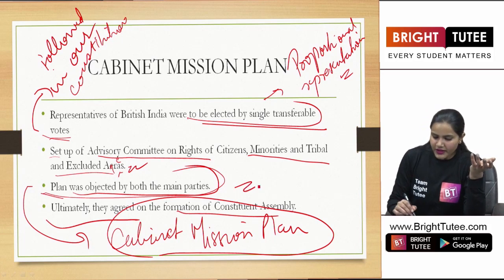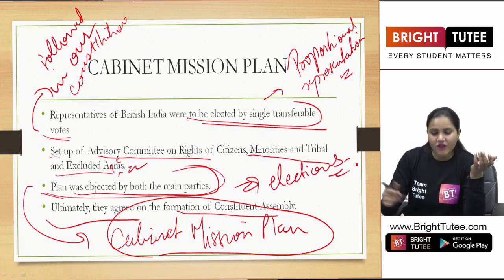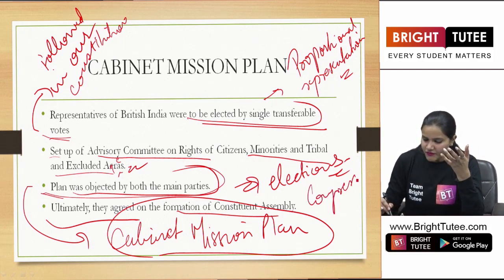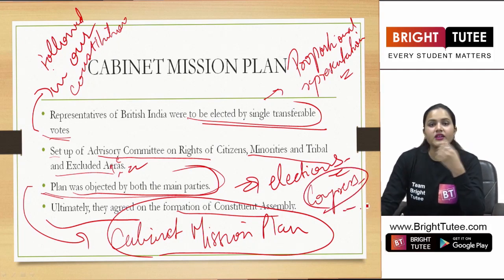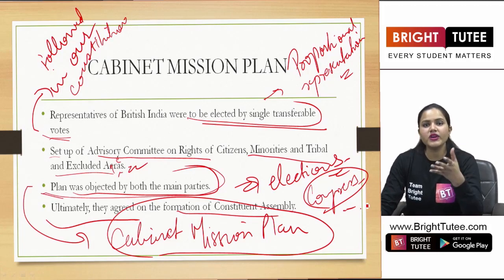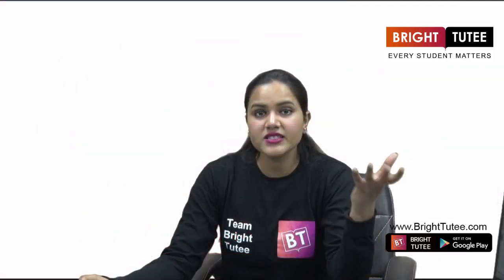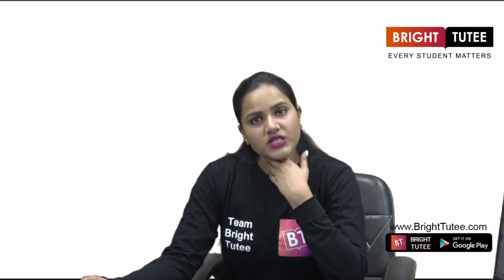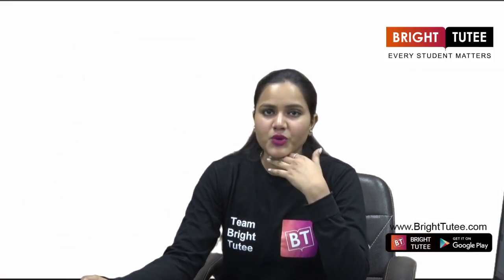Somehow, the elections were held. Eventually, they agreed with some of the points of the cabinet mission plan, and the Congress Party formed their government at the center, right? In the provinces, when we talk about the Muslim dominated regions, group B and C, we see that the Muslim League also won in the provinces.